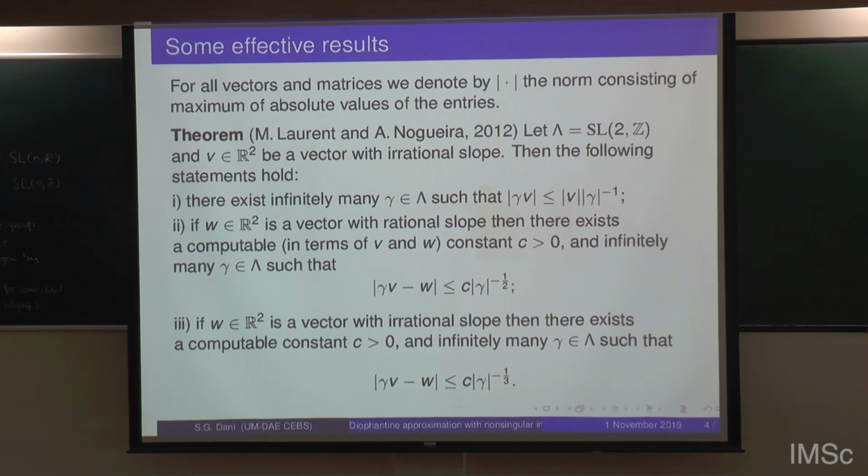So if you want to make this less than epsilon, it is not enough to go up to epsilon inverse, but we will actually have to go to epsilon raised to minus 3 because of this.